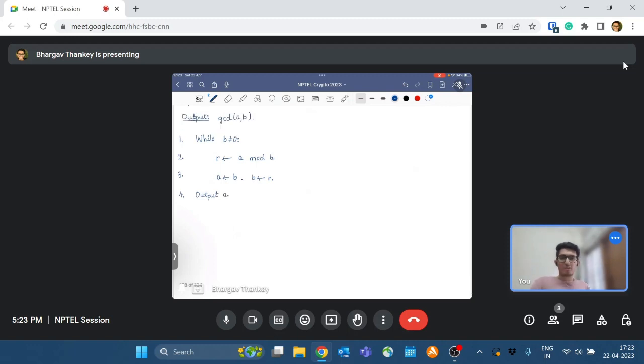Yes, so we want to prove that this algorithm outputs the GCD of A and B. However, in order to do that, we first need to show that this algorithm actually terminates in a finite amount of time, right? First, let's prove that.